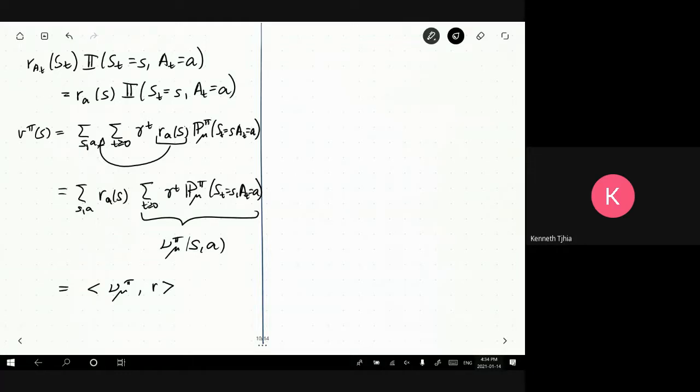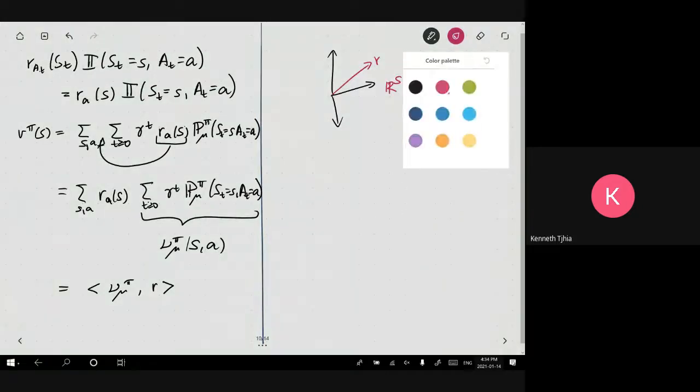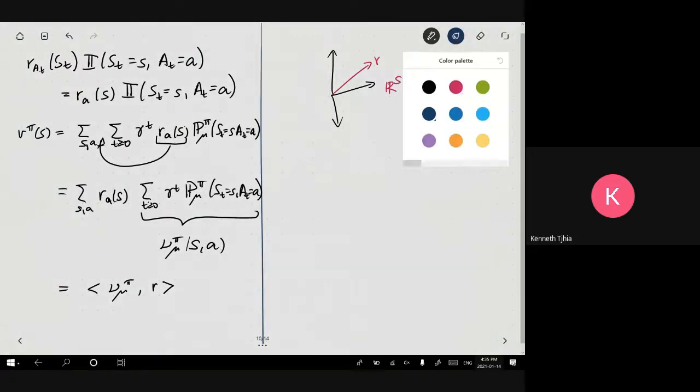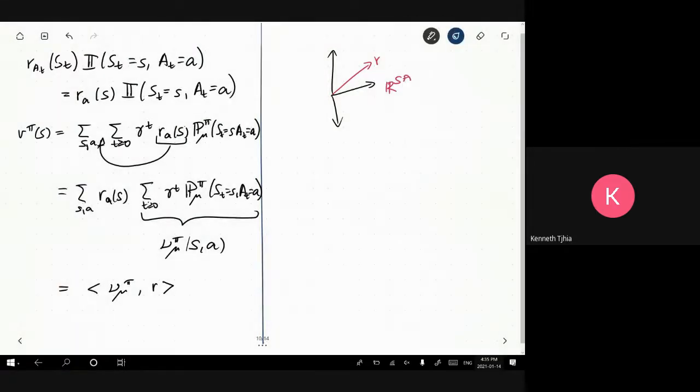You can think about the reward function as this vector, a vector in this R^(S×A) space. And then control means that you're choosing some occupancy measure and you try to align it with R. The better you can do that, the more value you're going to get. All right, so that's why we care about occupancy measures.